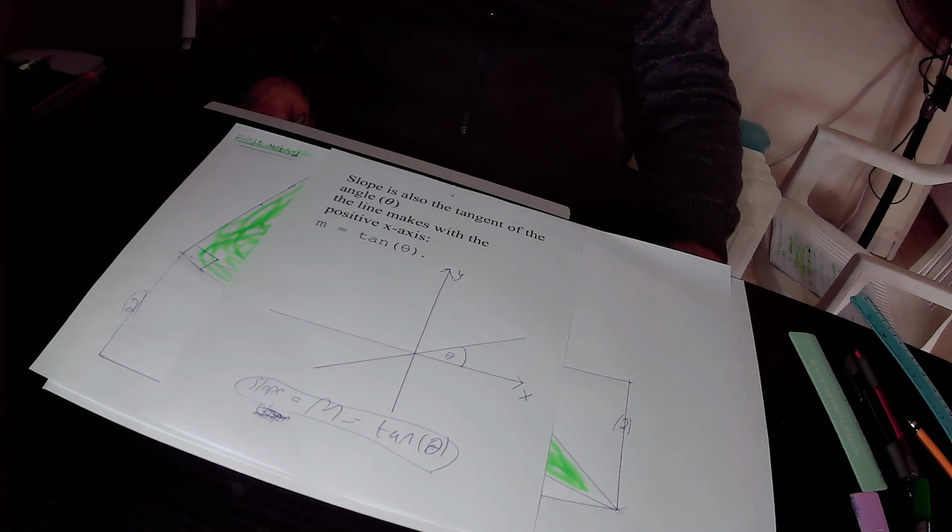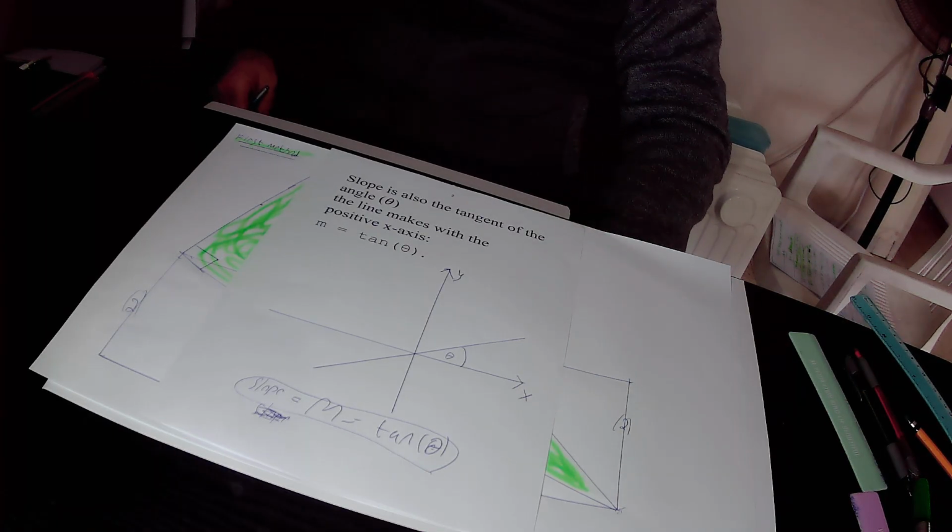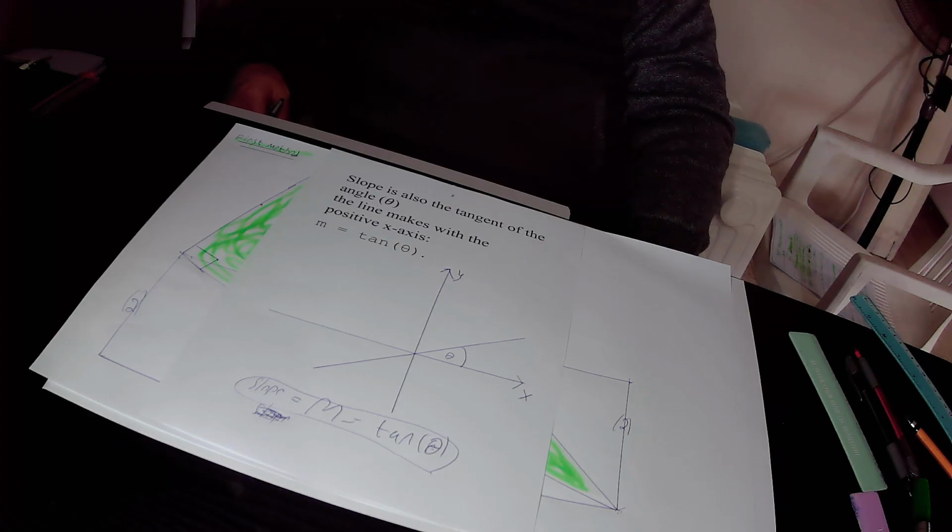The slope of a straight line is also defined as the tangent of the angle that the straight line makes with the positive x-axis.